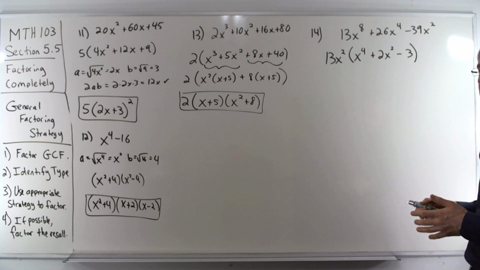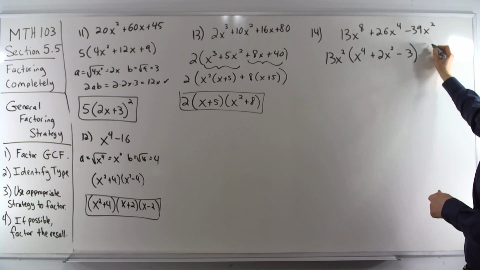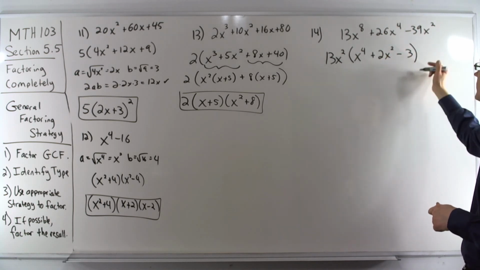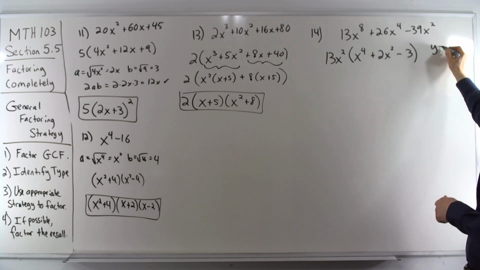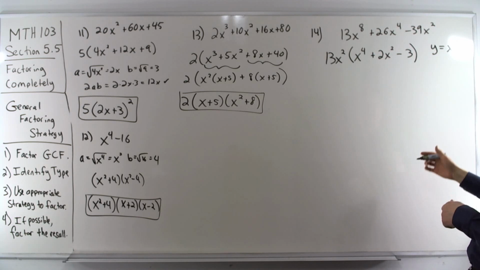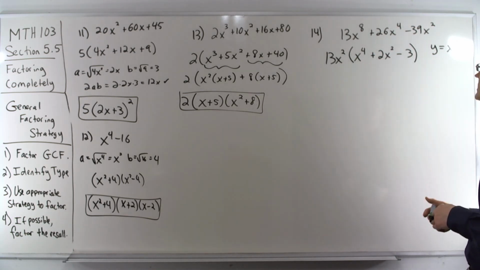So what if I created a new variable and replaced something with it? I'm going to create a new variable and make it equal to this middle variable. So y equals x squared. And now I'm going to replace these things with y's instead.